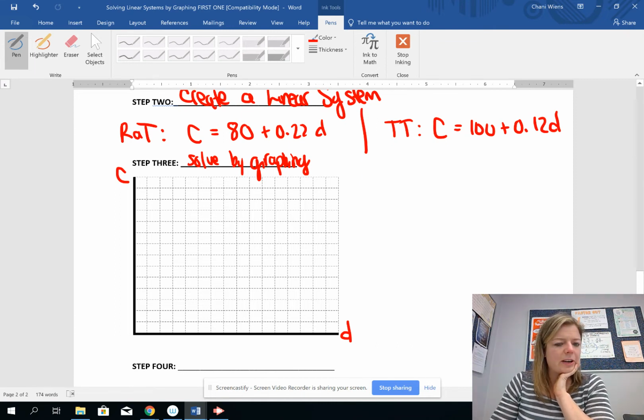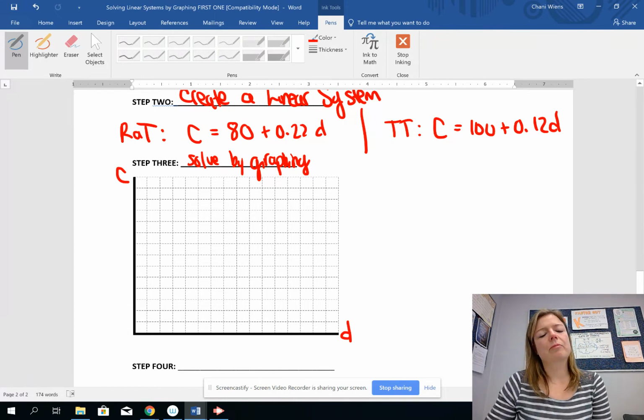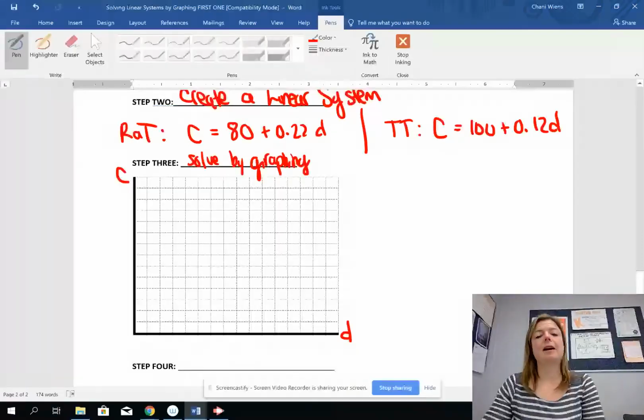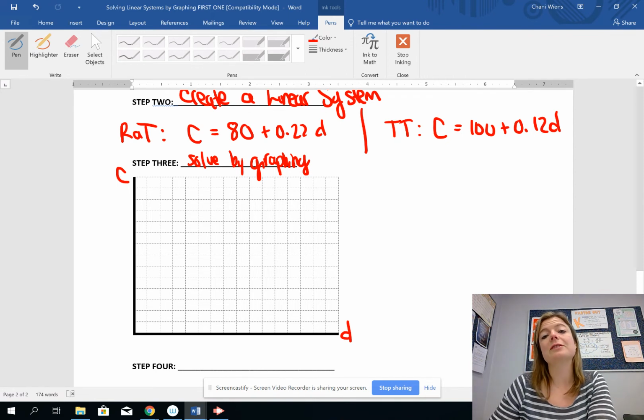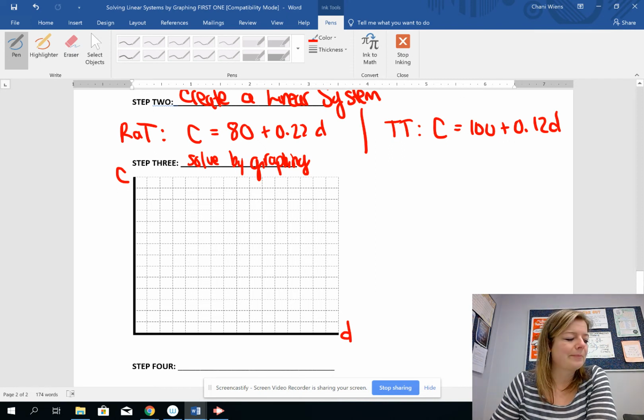So we're going to be going up by 20s here. So part of solving word problems is thinking logically about what your scale should be. Does it make sense to go up by ones, by tens, by hundreds, by thousands? And I happen to know the solution to this system, so I know that it's good to go up by 20s. So I'm going to label every other one.